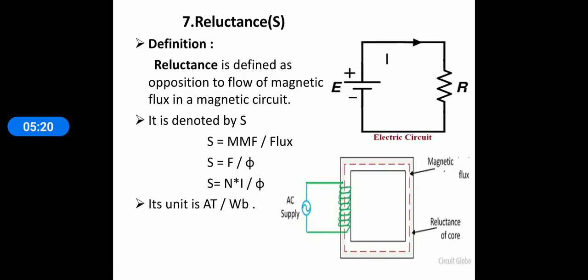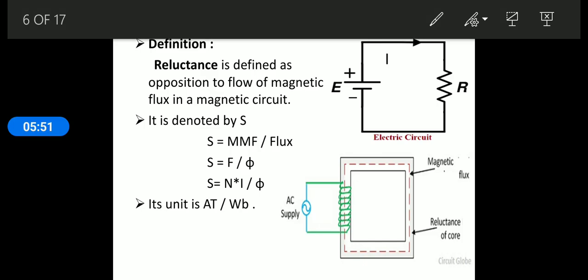Next, what is the reluctance? Reluctance is denoted by S. Reluctance is defined as the opposition to the flow of magnetic flux in a magnetic circuit. It is given as S equals MMF, the magnetomotive force, divided by flux.